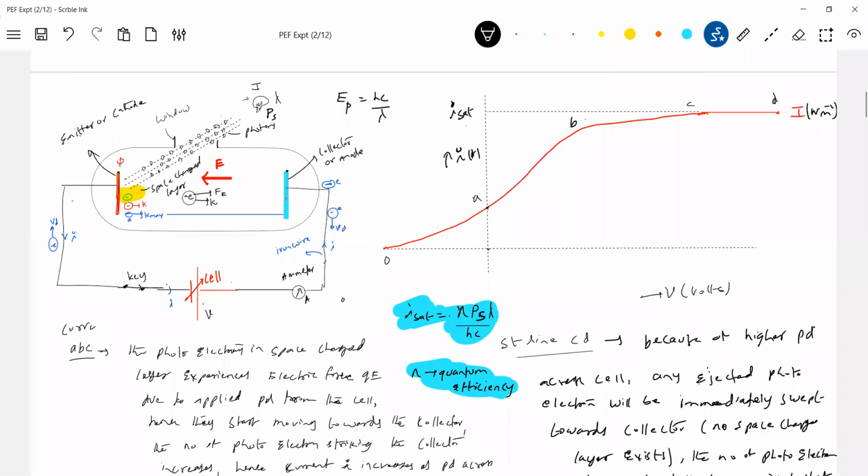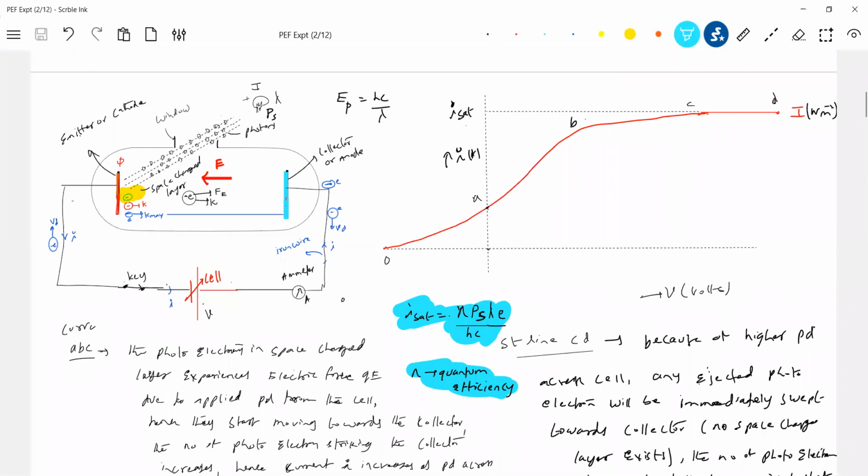All these are per second, so we should add the charge of the electron. PS lambda by hc is the number of photons; eta times that is the number of photoelectrons ejected; multiplied by the charge of the electron, it becomes the saturation current.